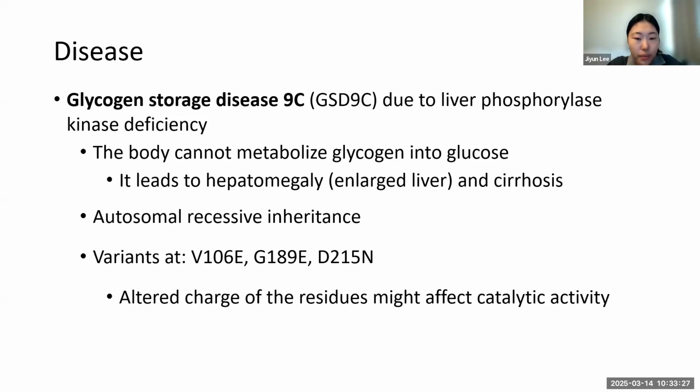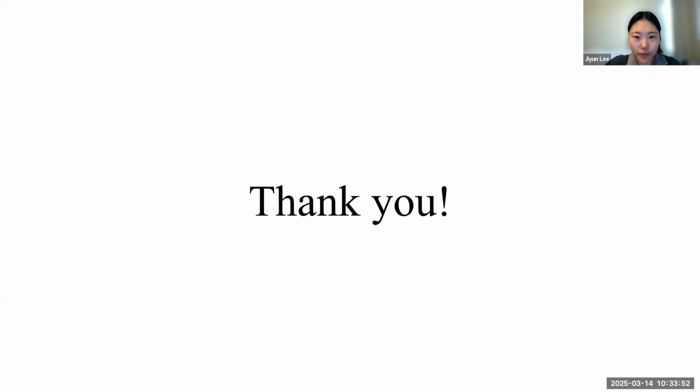The disease follows an autosomal recessive inheritance pattern with identified variants here, and these mutations result in non-conservative amino acid substitutions in highly conserved catalytic core regions of many kinases. The altered charge of these residues may disrupt the catalytic activity of the kinase, leading to the disease. These are references. Thank you for listening.